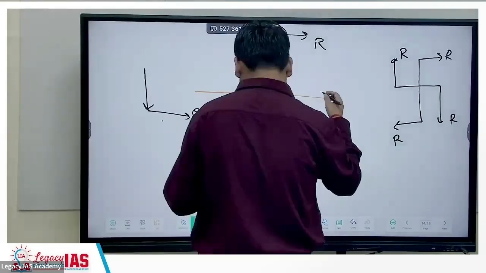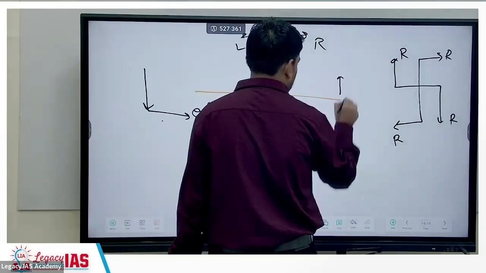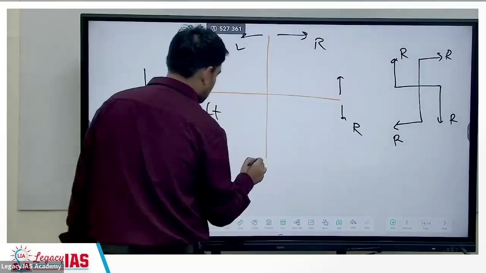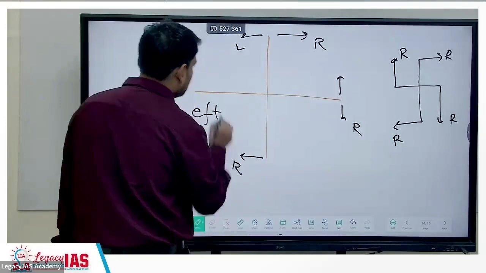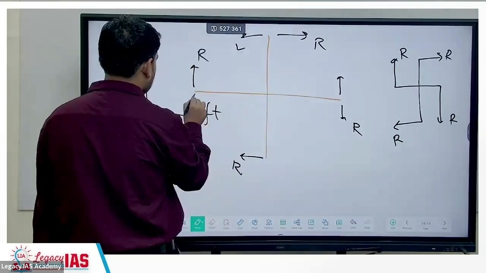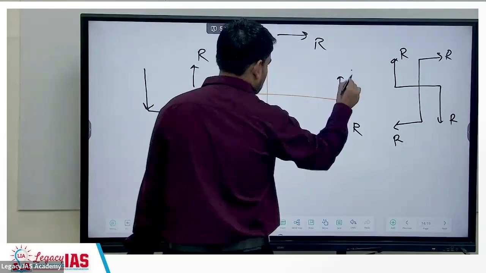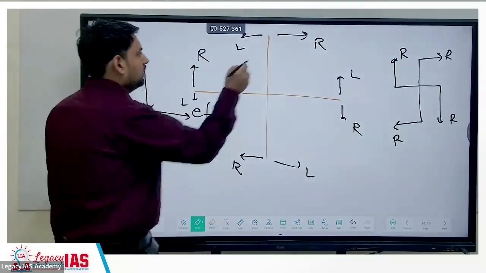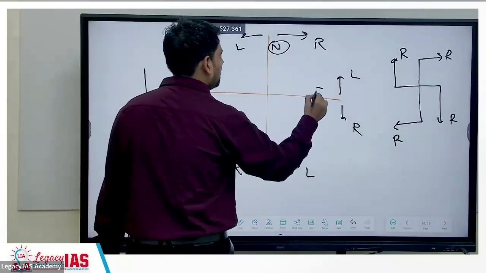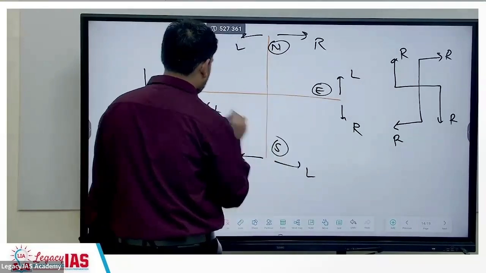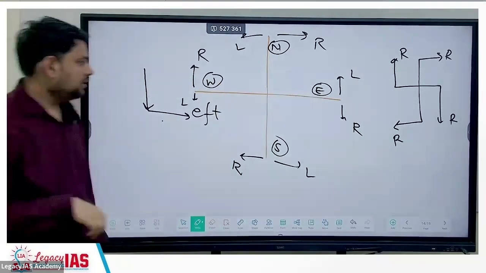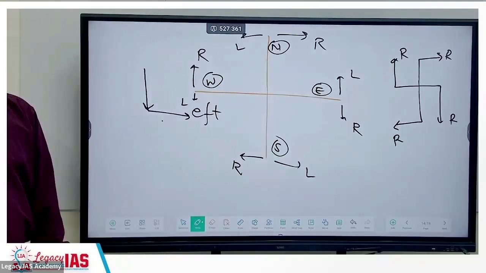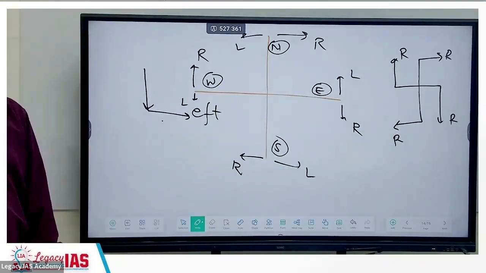Otherwise also I'll draw this once. So this is right, this is right, and this is right. This would be left, this would be left, and this would be left. North, east, south, and west. You can draw this any way you want to remember.